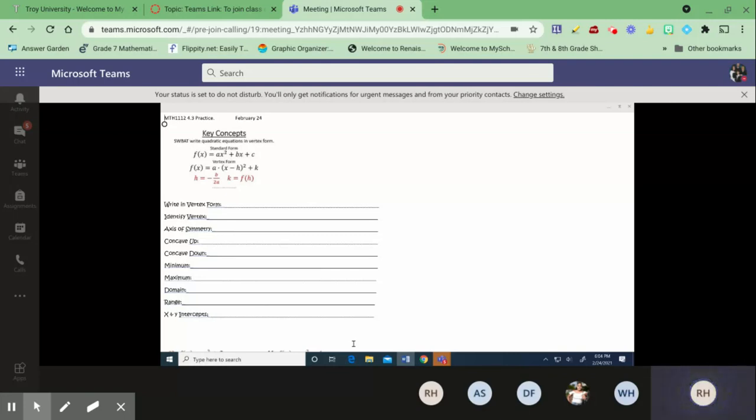And that means we need to be able to go from here to f of x is equal to x minus h squared plus k. We want to go from the quadratic equation in standard form into the vertex format.